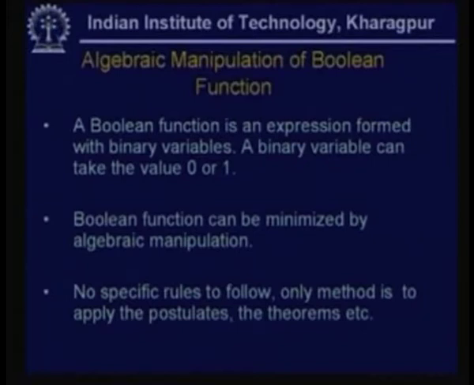Though we have read the postulates and the theorems, when we minimize the Boolean expression, we do algebraic manipulation using the postulates and the theorems, but it is a cut and trial method. There are no specific rules about which one will be followed when. This we will see next.